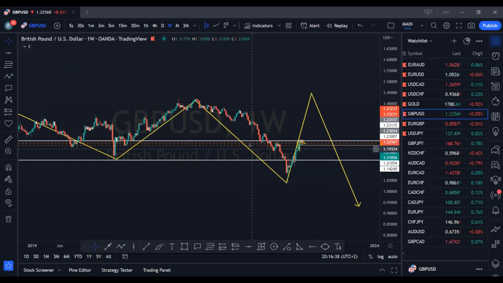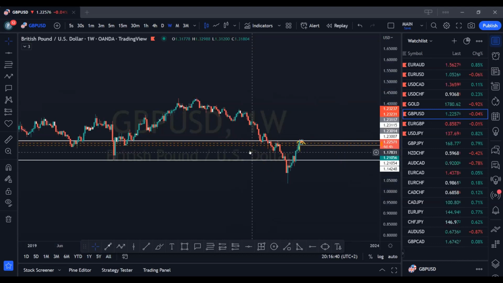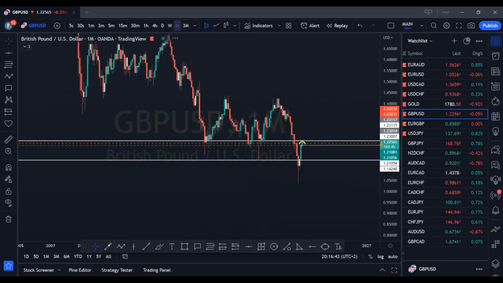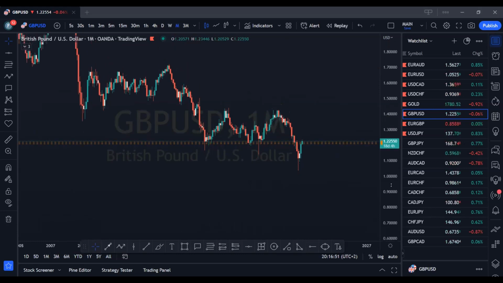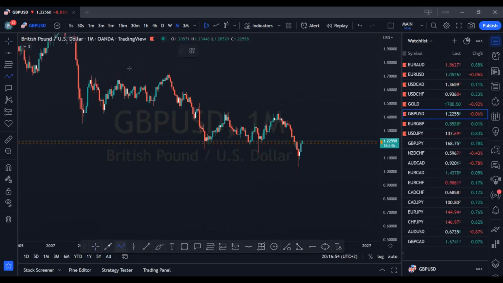So let's go a time frame higher to get a real structure. If we delete everything here, this is the monthly time frame. The monthly will give you a good perspective. So impulse, correction, impulse, correction.